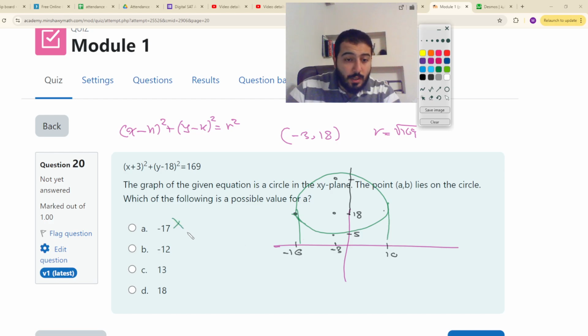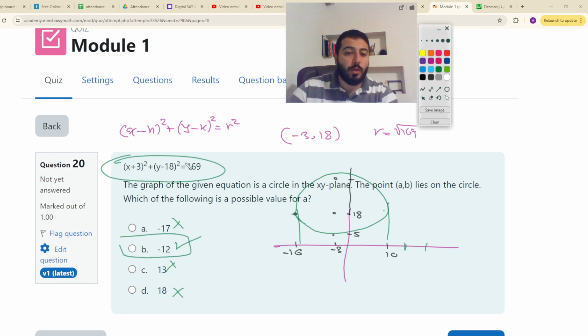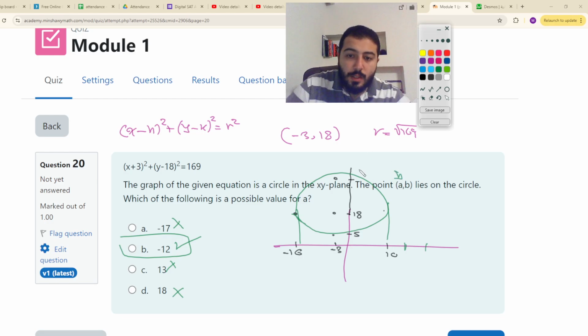So negative 17 cannot be. Negative 12 is a possible value. 13, which is here, cannot be. 18, which is here, cannot be. This is the only x value that can be. Also, you can draw this on Desmos, because you can use Desmos in the digital SAT exams. If he asked for B, B is from 5 until 18 plus 13, which is 31.